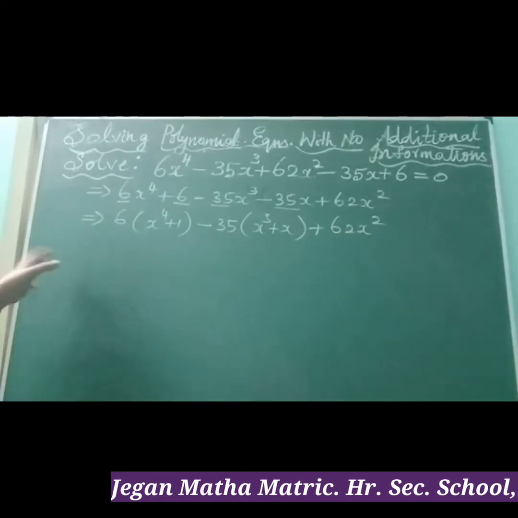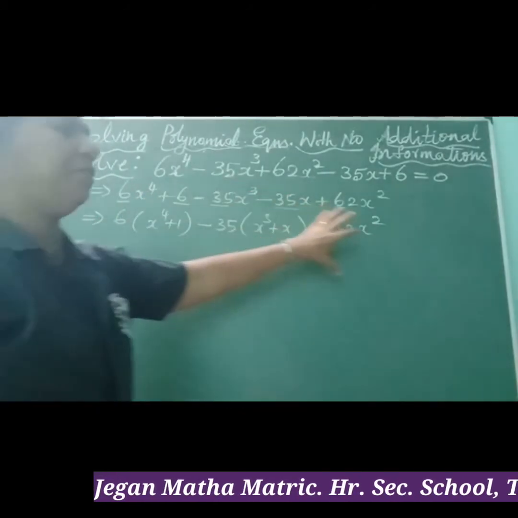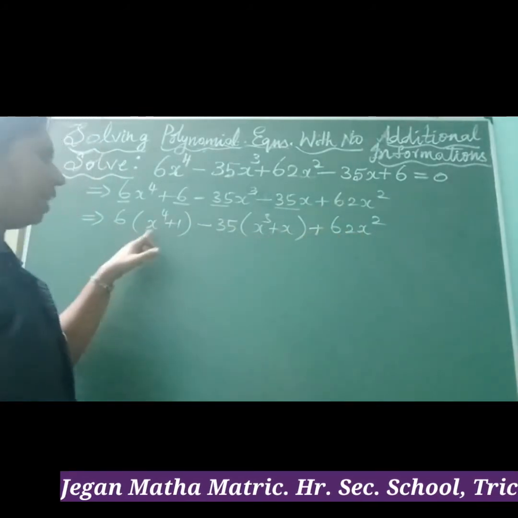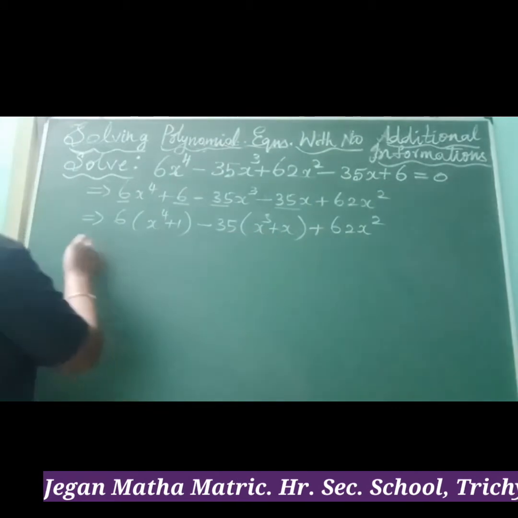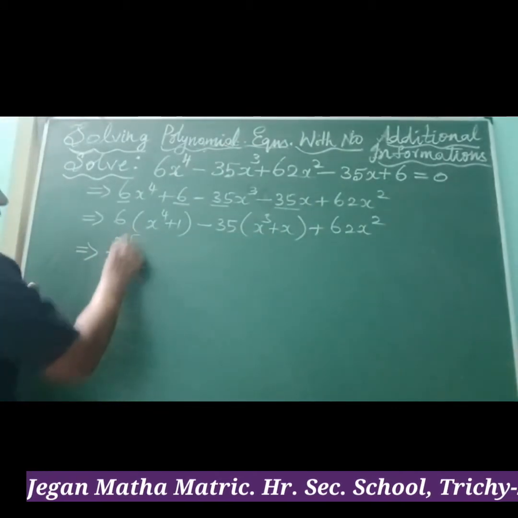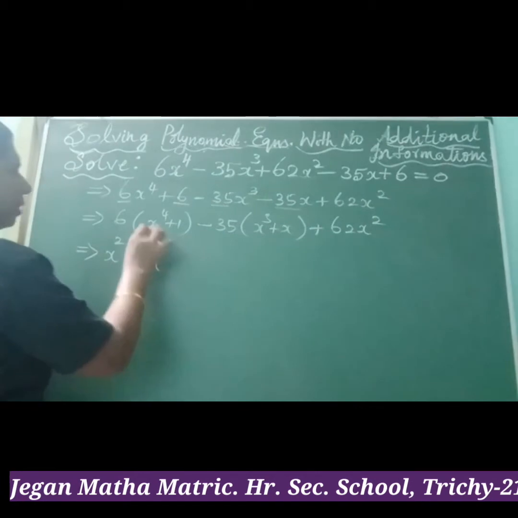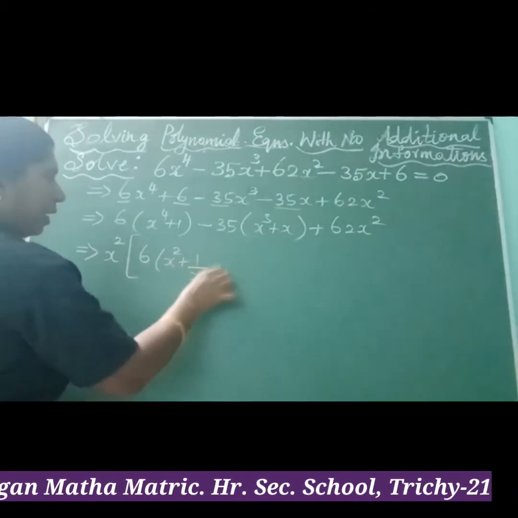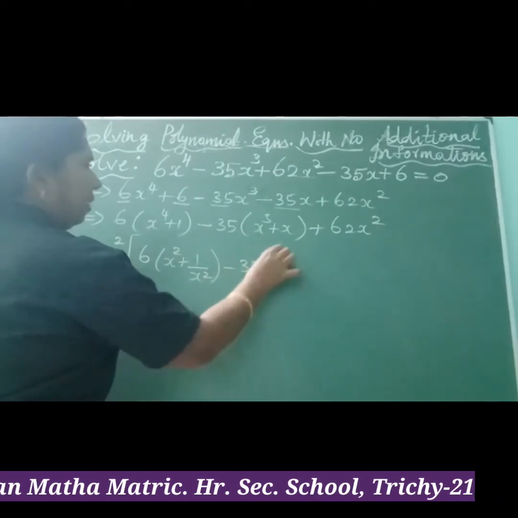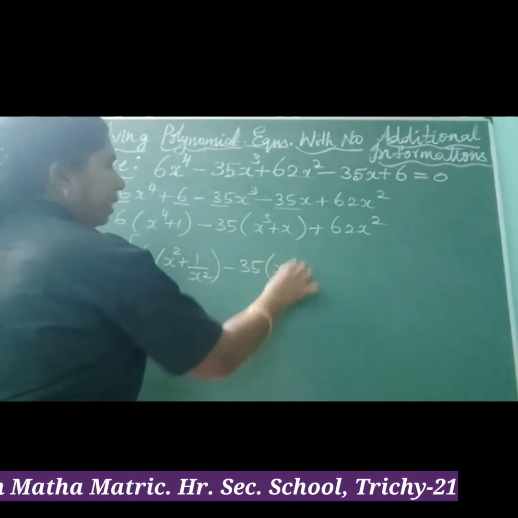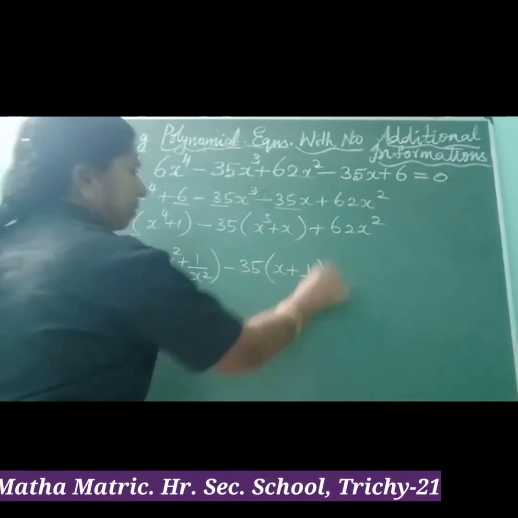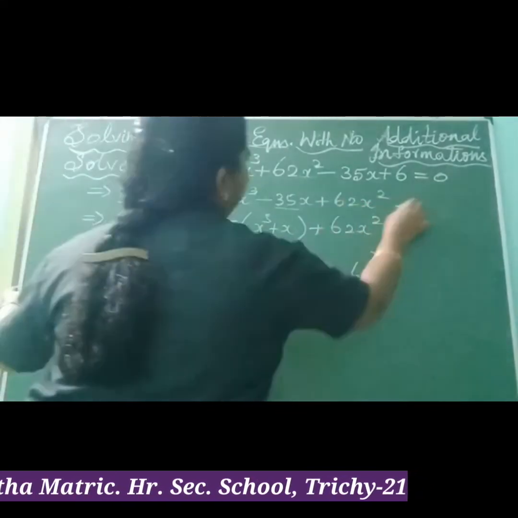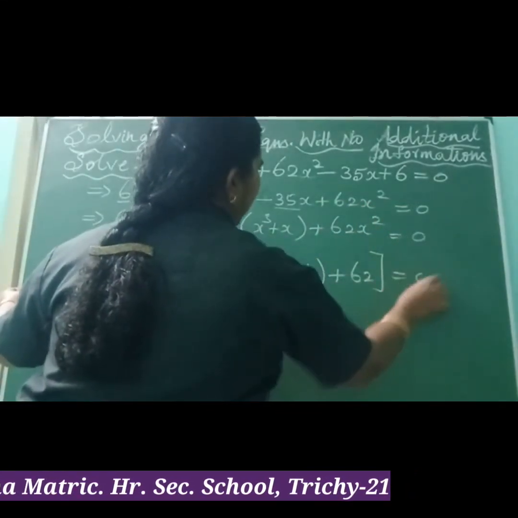If you want to find the solution, all the terms have the variable, so what shall we do first? You can take x square common from each term. So we get 6 into x square plus 1 by x square, minus 35 into x plus 1 by x, plus 62, and this is equal to 0.